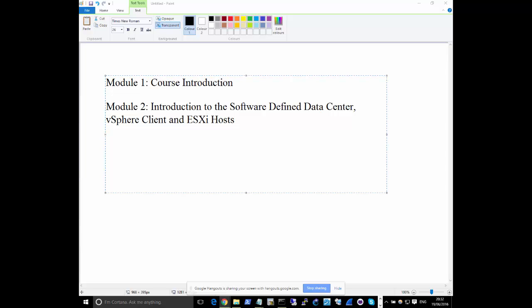In my own opinion, the VMware VCP6 official curriculum is not fit for purpose anymore. It was fit for purpose in the vSphere 4 days, but not anymore. It needs a lot of changes.